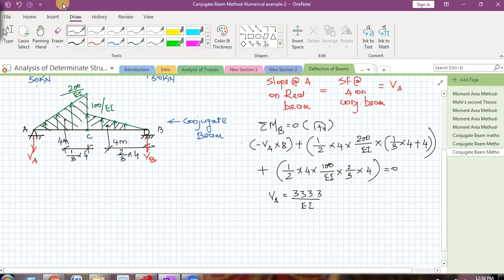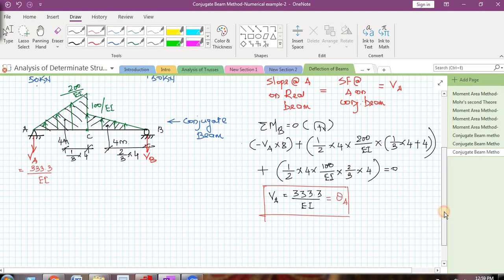So this is the value of VA. Let me just write that here. So it is coming 333.3 by EI. That is the shear force at A on the conjugate beam, which is nothing but the slope on the real beam.